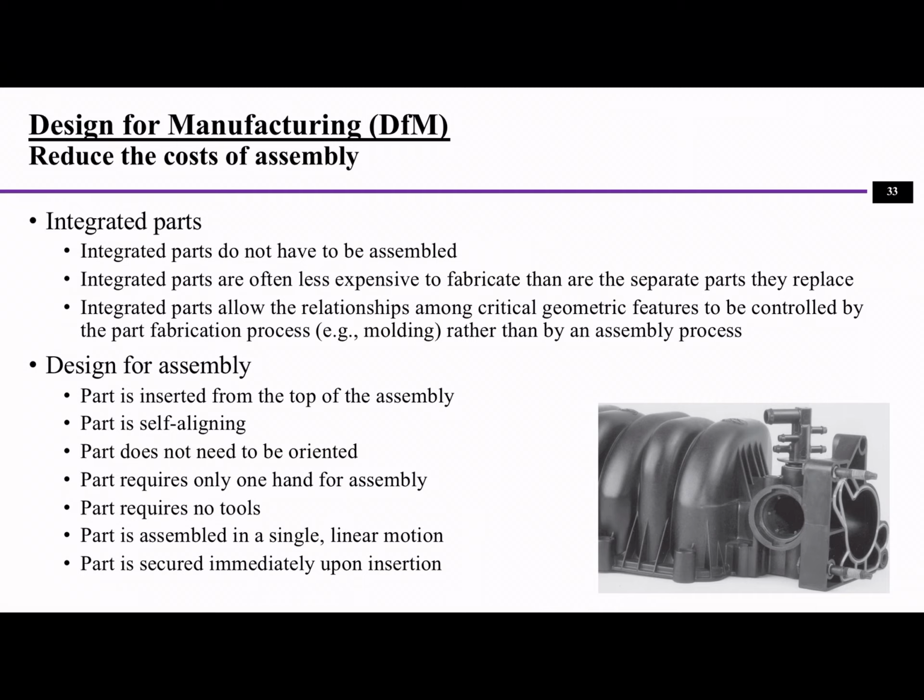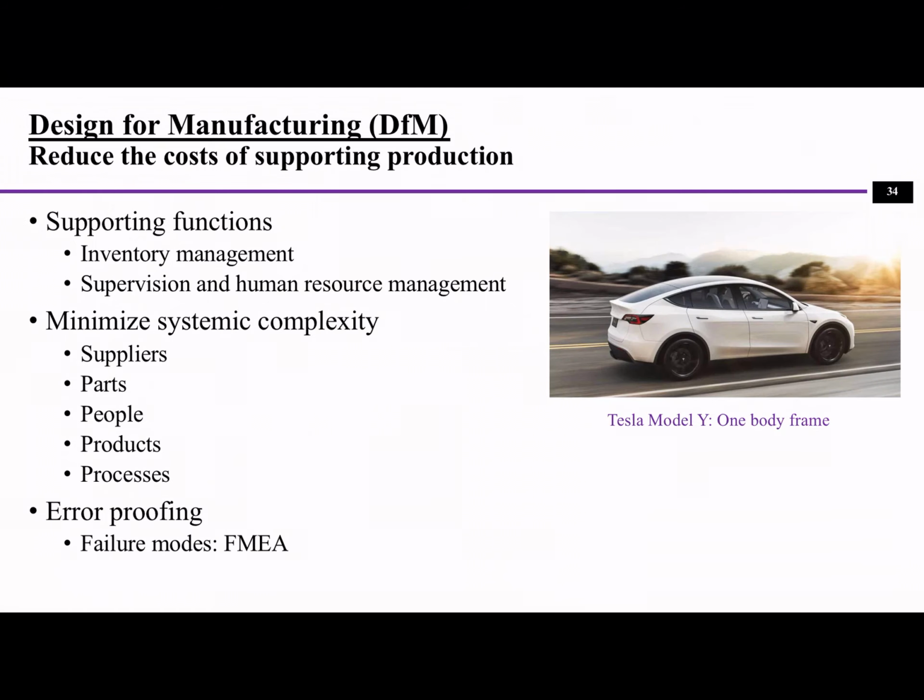These kinds of guidelines are what I will talk about in the joining lecture, which is the last lecture of this course. There we're going to talk more about different assemblies and also how to design parts and products for assemblies.